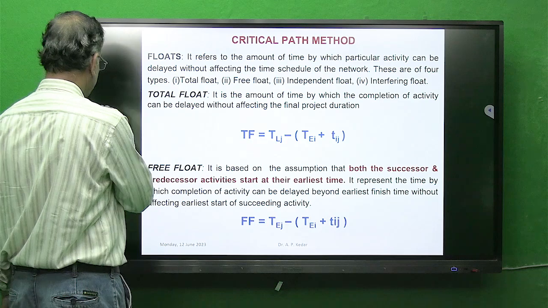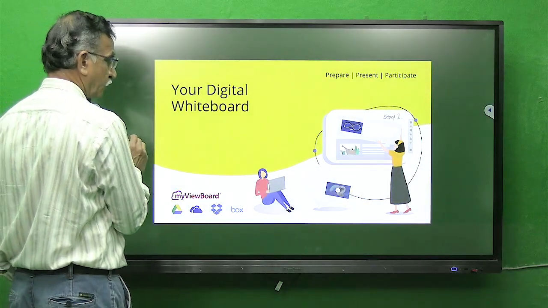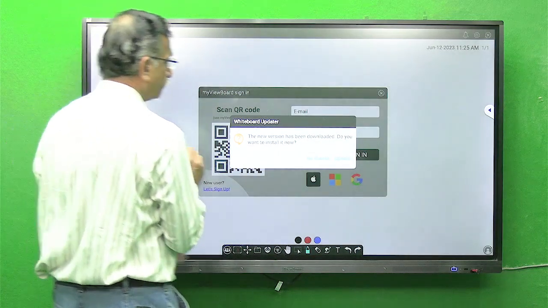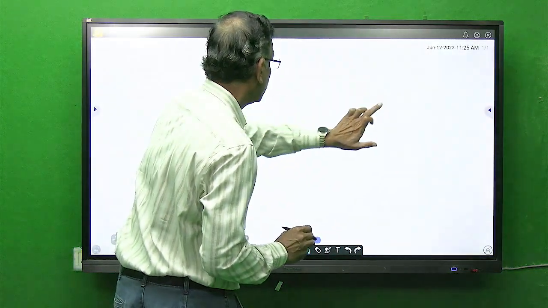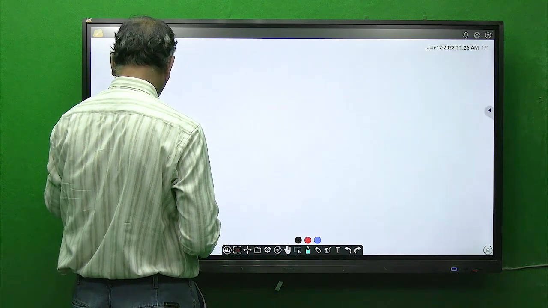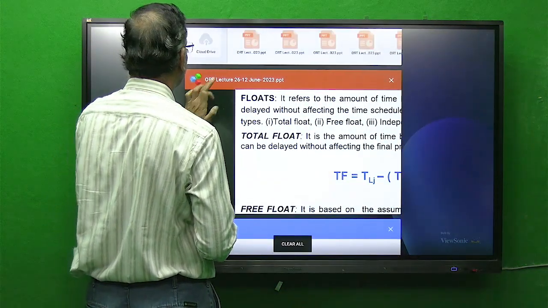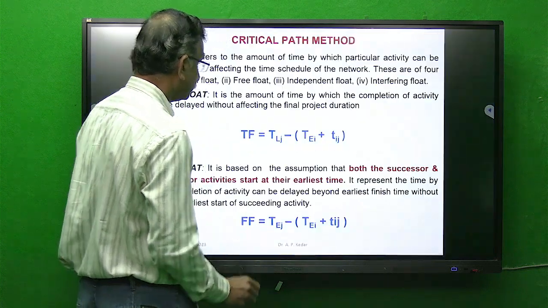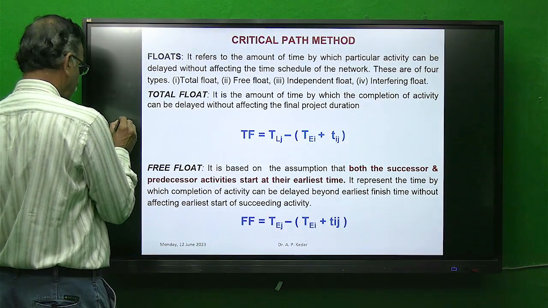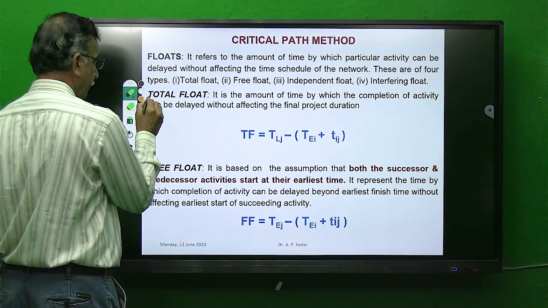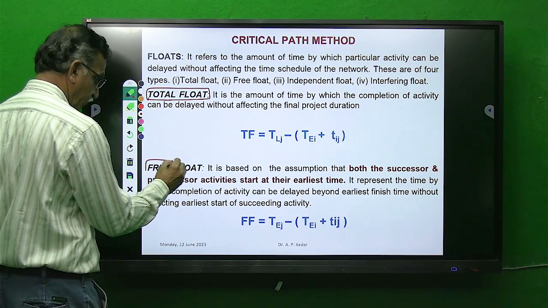First is total float, second is free float.